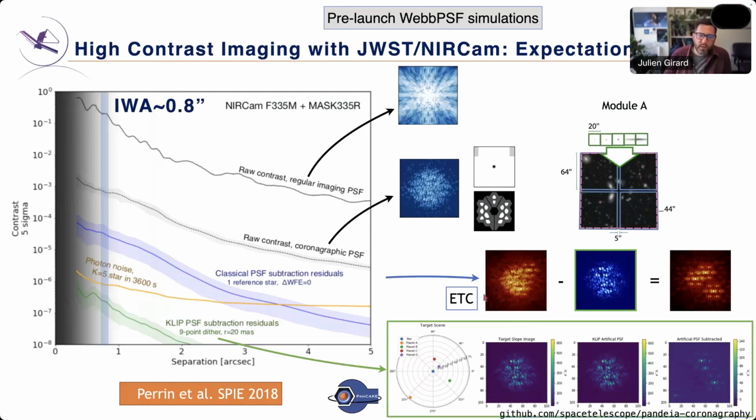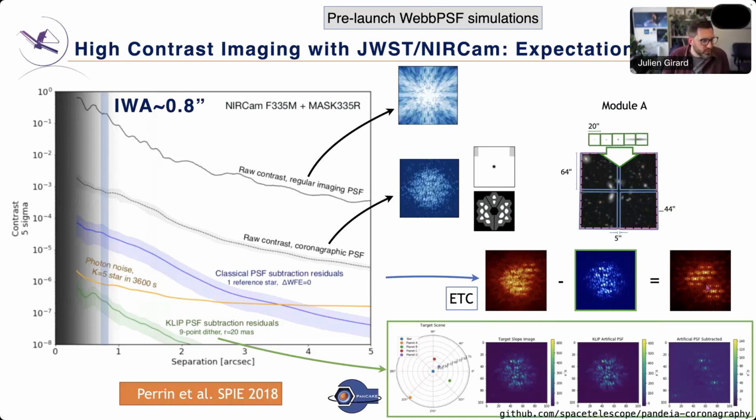Something to say here: the exposure time calculator doesn't have target acquisition error or small grid dither implemented, and so what you get from the ETC when you subtract a PSF is very ideal. But you can basically almost recover the performance of the ETC if you do everything right.